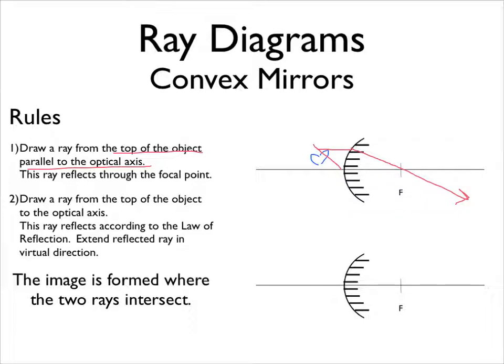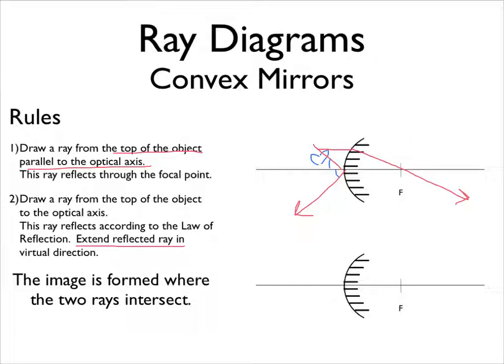Now it's going to obey the law of reflection and reflect off of that mirror. We want to keep the incident angle and the reflected angle the same. And so we need this angle here to be the same as that angle there. They're pretty close, not quite the same, but they'll do. And then we're going to have to extend the reflected ray in the virtual direction.